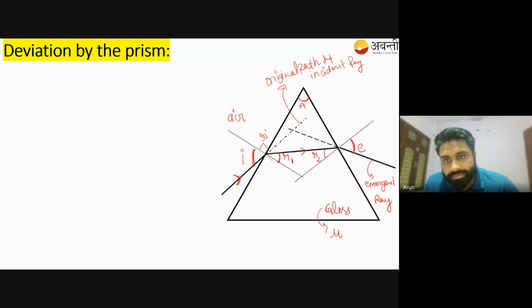But what if this ray is not going to deflect? So it will move in this direction. Got it? So we have to work out these angles.